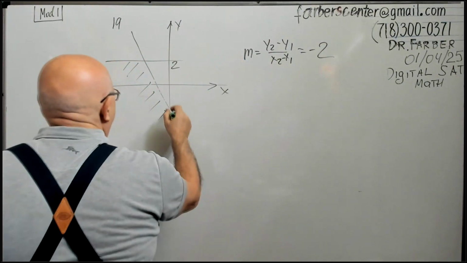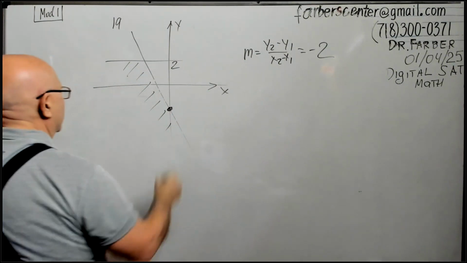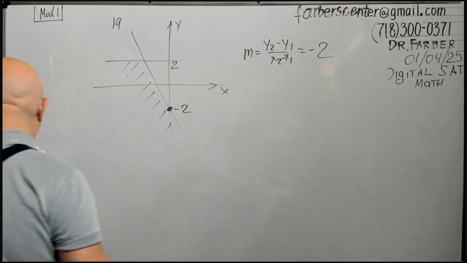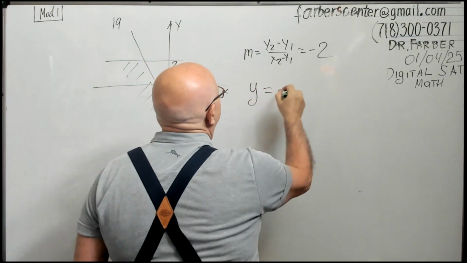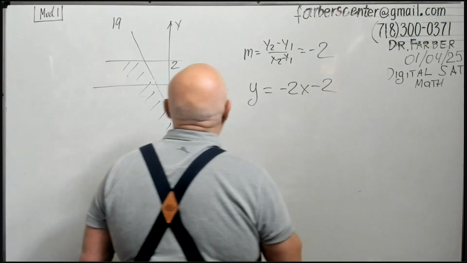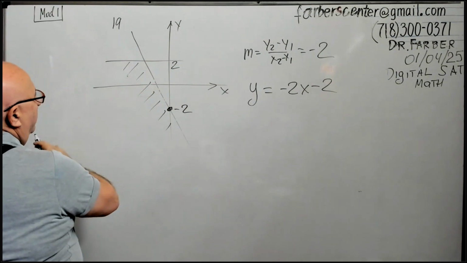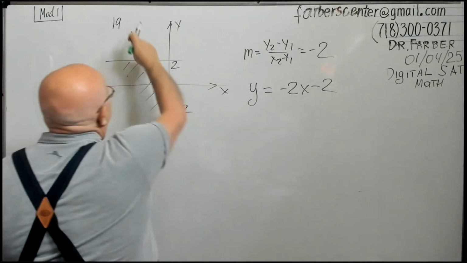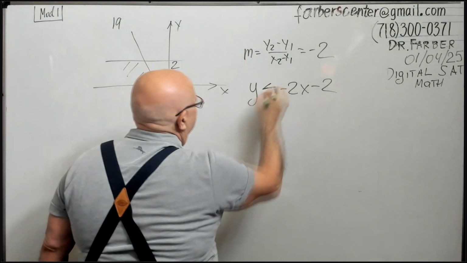If you look at the y-intercept, what is it here? It's also negative 2. I can write the equation of this line, negative 2x minus 2. But since this is shaded below this line, and this line is solid, I am supposed to write the inequality like this.